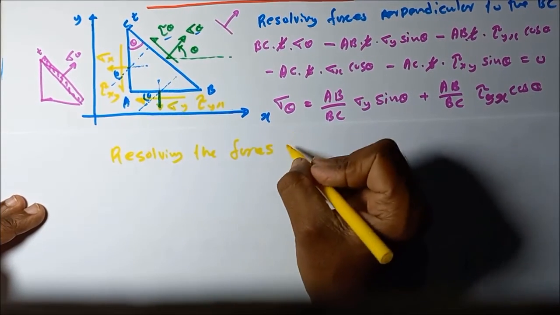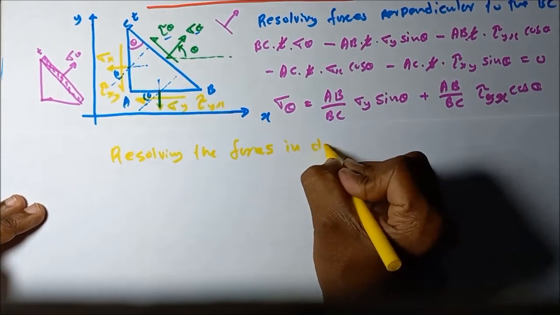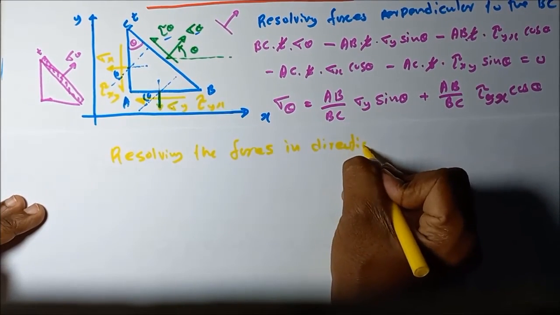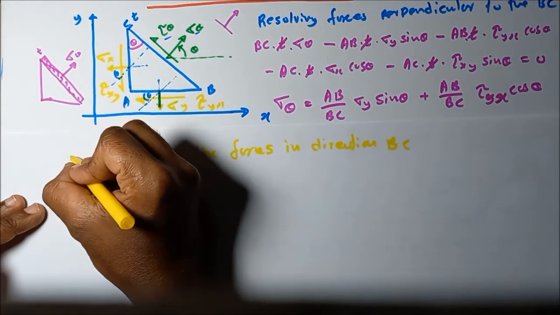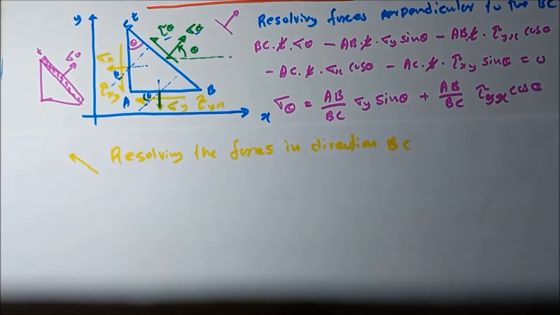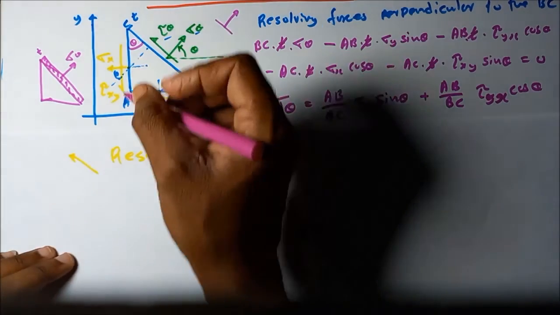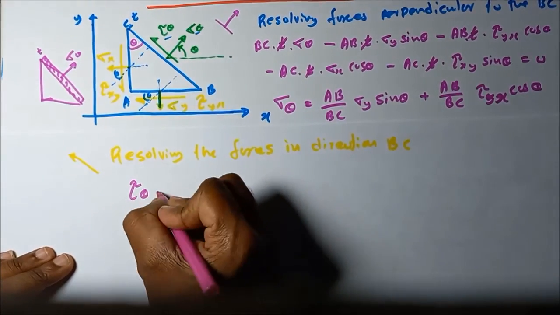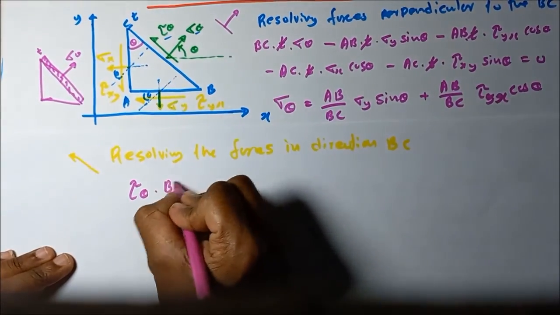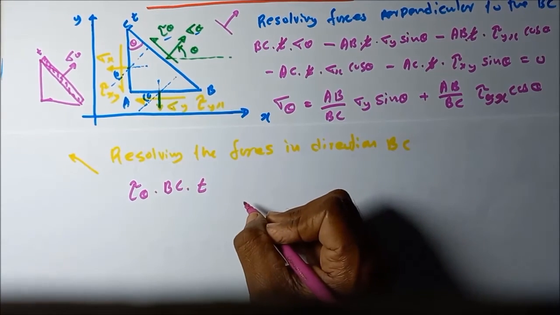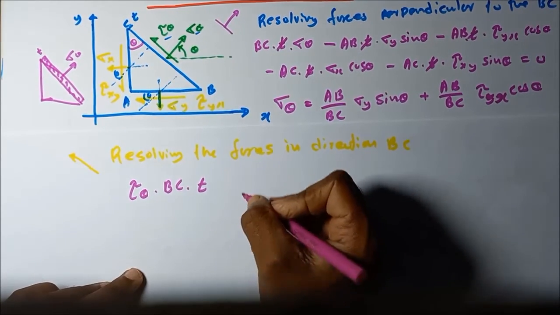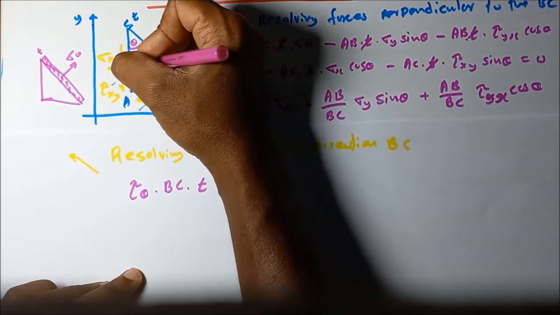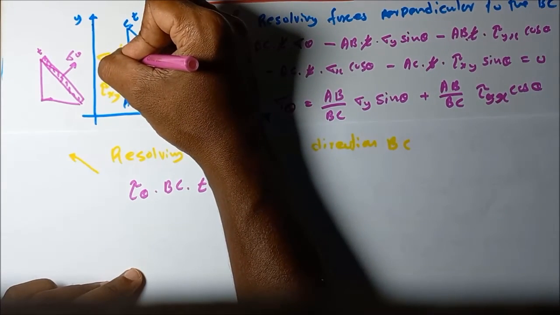Forces in the direction BC, we are going to resolve. Okay, then what are the forces? Tau theta BC into T. If we take the sigma x component in this direction we have to resolve.